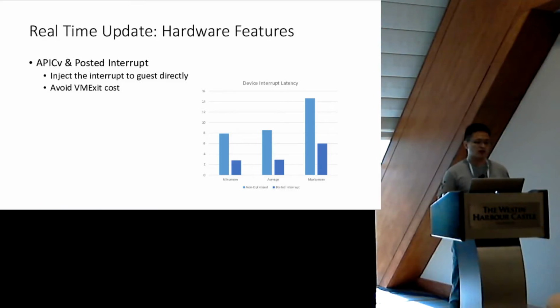So this feature can avoid VM exit. This picture shows the performance of posted interrupt. We can see that after enabling posted interrupt, the interrupt latency can be reduced a lot.